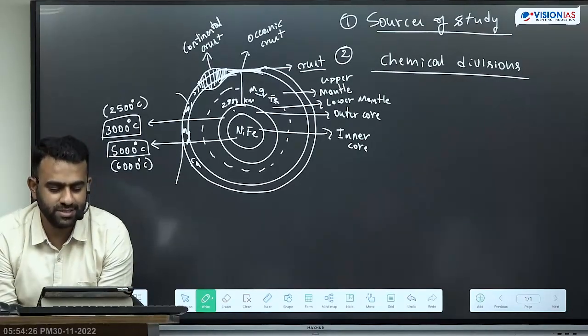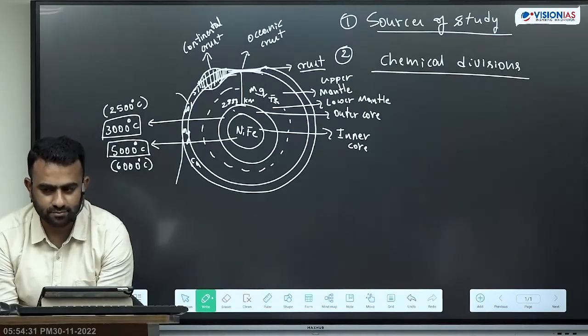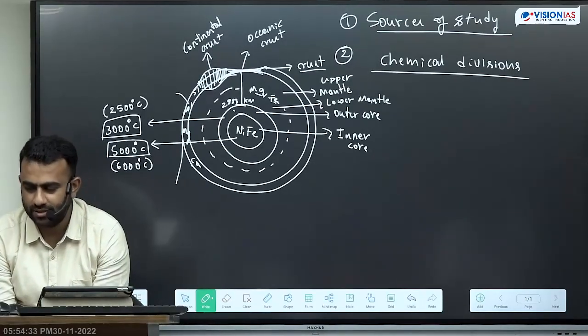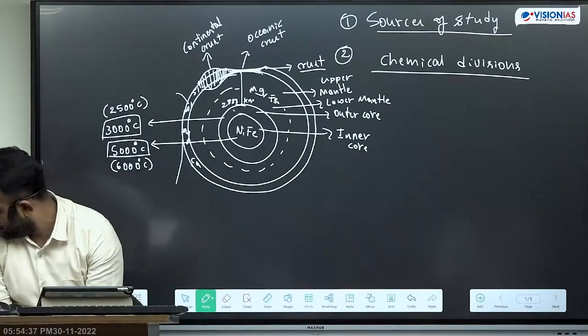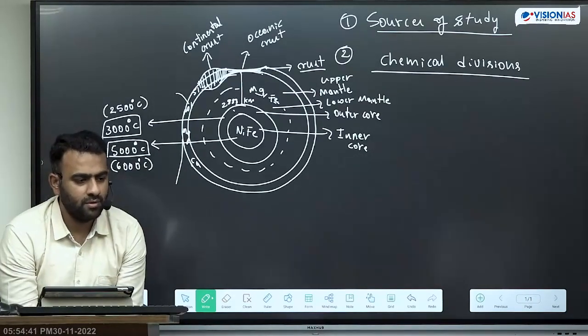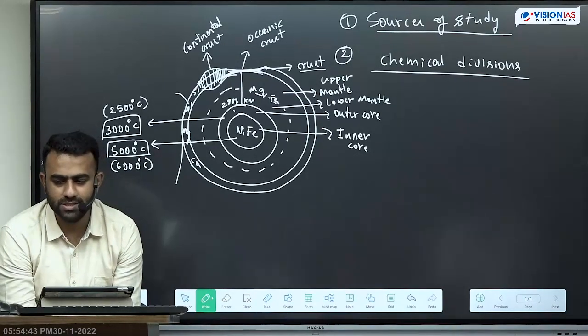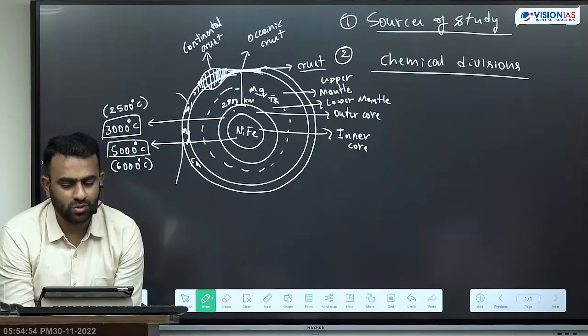Next point, it is rich in nickel and iron. Therefore, it is also called the NIFE layer, N-I-F-E, with N and F capital.